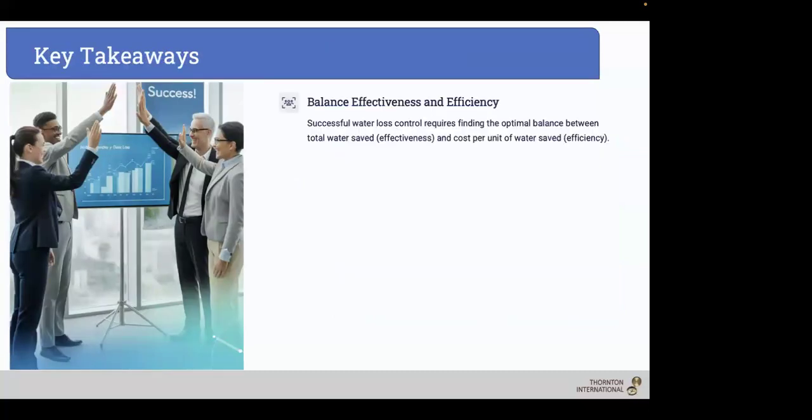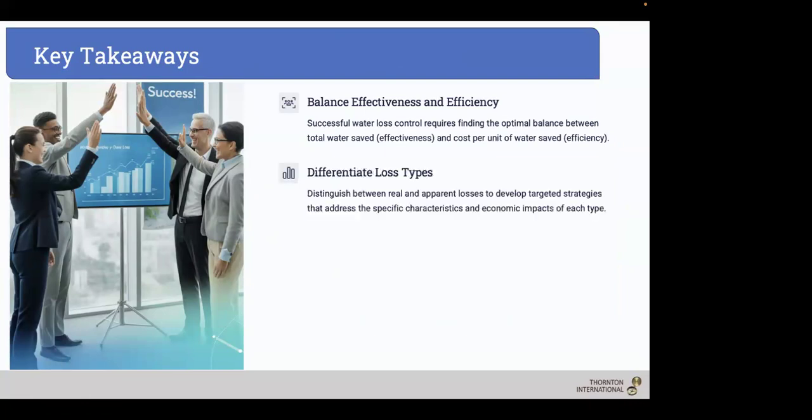So last but not least, as key takeaways, we can think of always balancing effectiveness and efficiency, finding the optimal balance between the water saved and the cost per unit of water saved. Differentiate loss types, understanding real and apparent losses to set your goals.